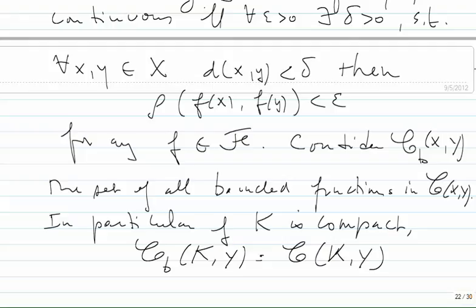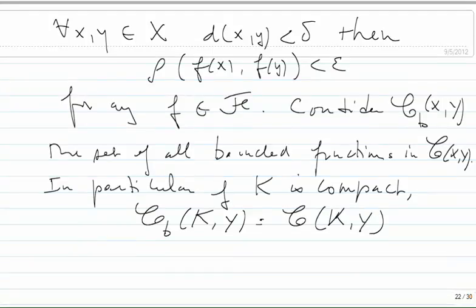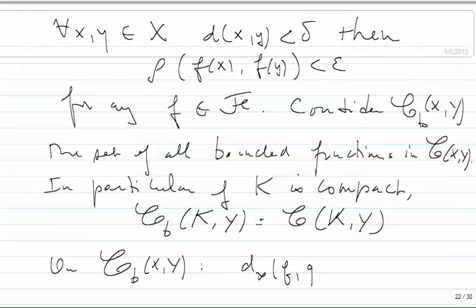And on C_B(X, Y), we can introduce the new distance, d infinity, between two elements to be the sup of rho(f(x), g(x)), x belongs to X. This number is only finite if we are on bounded functions.